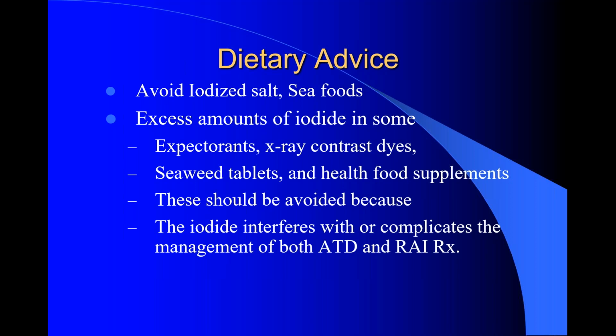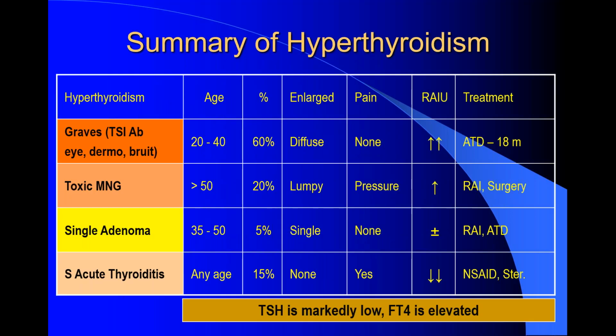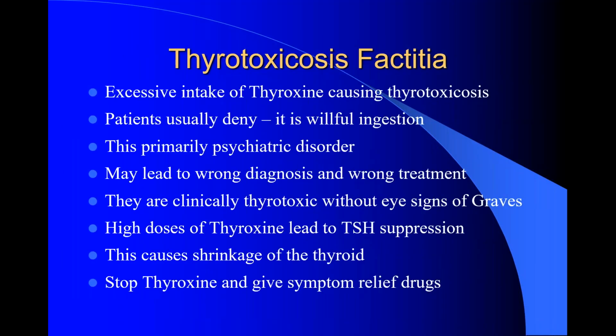Then there is an excess amount of iodine in some expectorants, X-ray contrast dyes, and other food supplements. You have to avoid these. Just to summarize, this is the table showing the availability of investigation and treatment that you already know by this time.